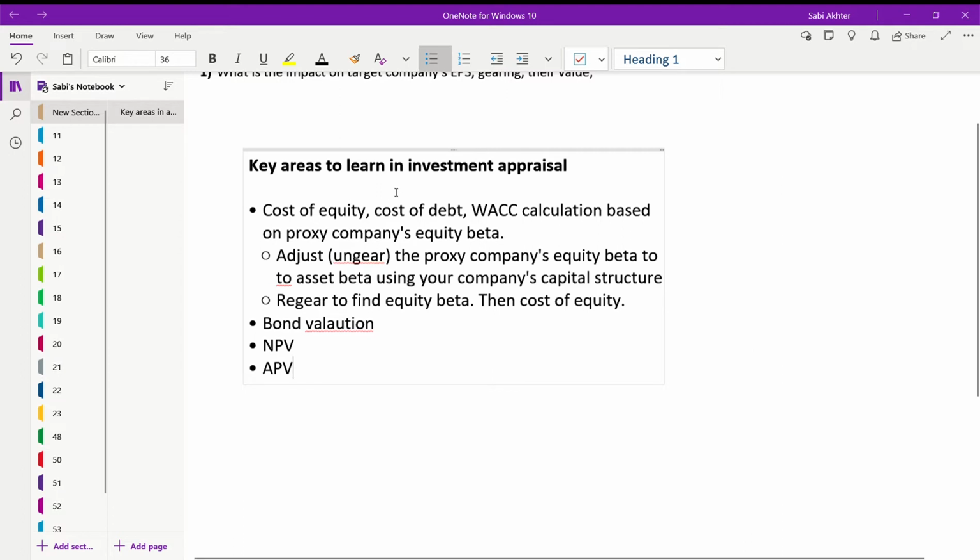It is better that you write in your own words. Then, what else is there? Macaulay or modified duration. Spellings might be wrong.